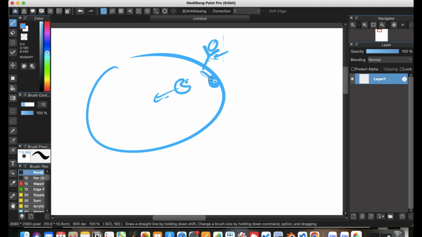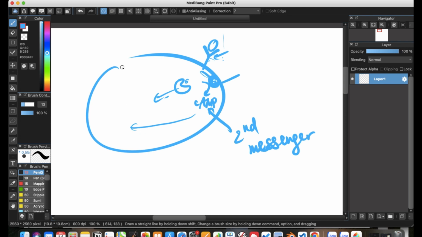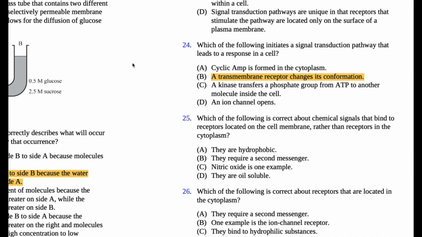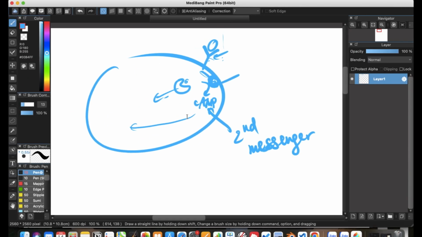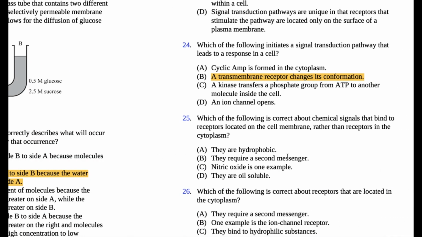You need to trigger a second messenger, which is here, our second messenger. We will induce a series of reactions inside the cell. So that's located on the cell membrane. Will need the second messenger. Right.